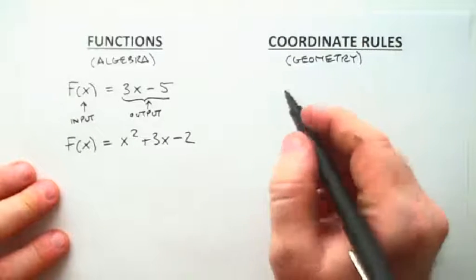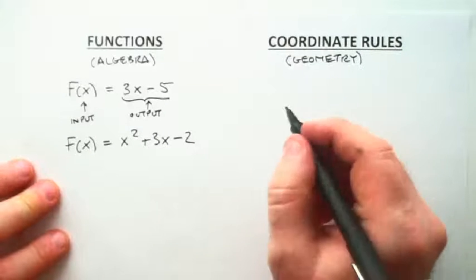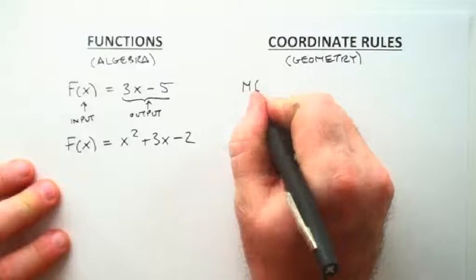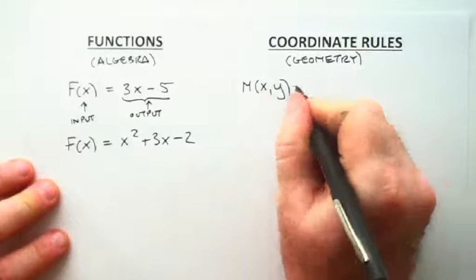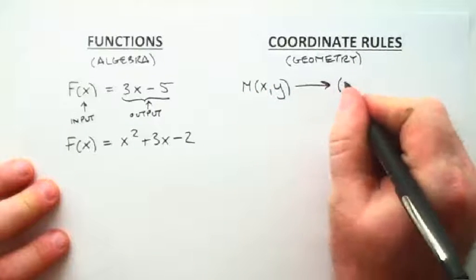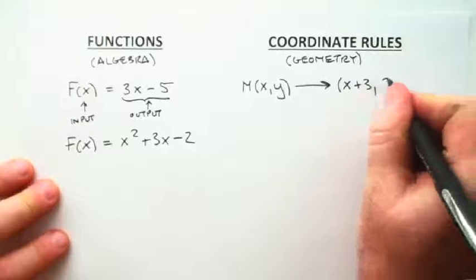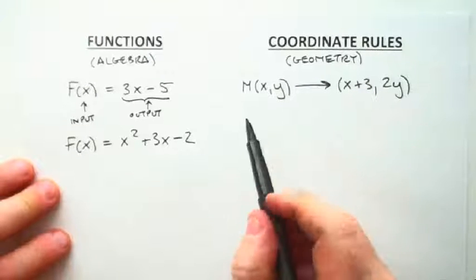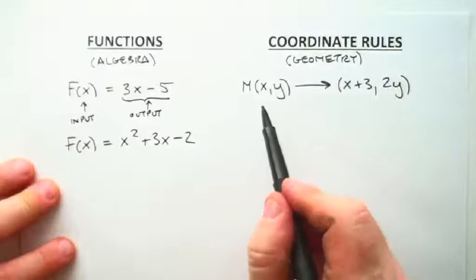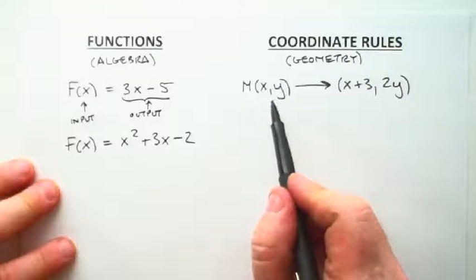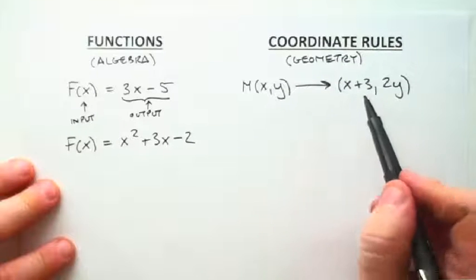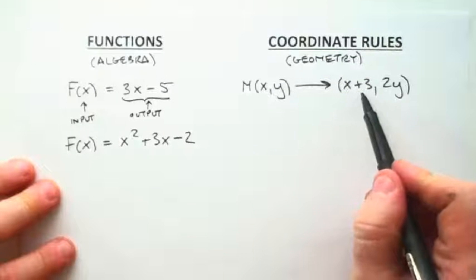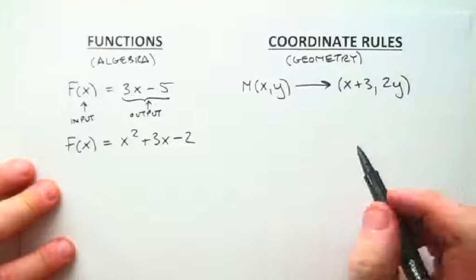Now, just to give you a heads up what this world looks like before we get to it, a coordinate rule looks something like this. A little bit different kind of notation and look to it. But this is the coordinate rule M, and it takes all points (x, y) and maps them to (x plus 3, 2y): add 3 to the x values, and double the y values.